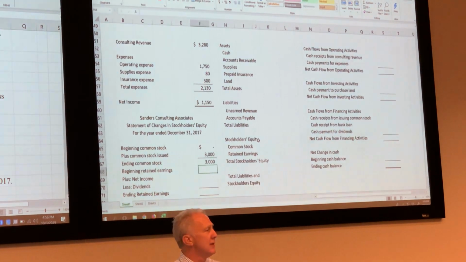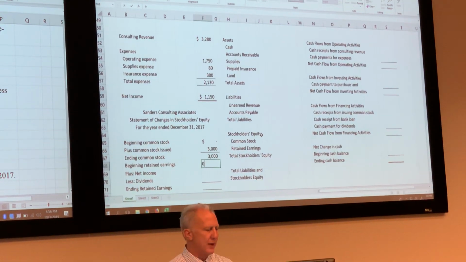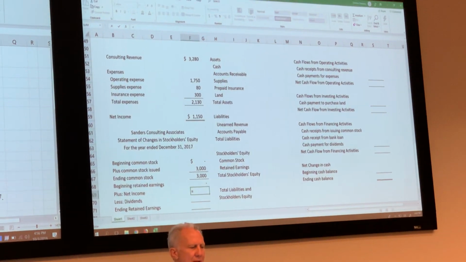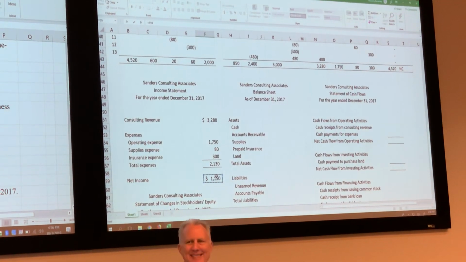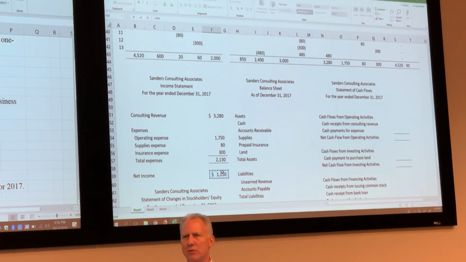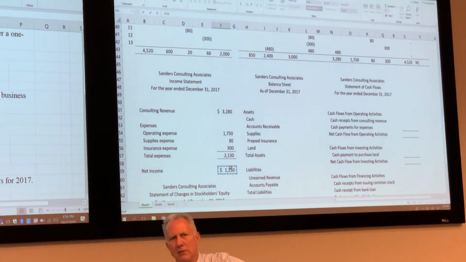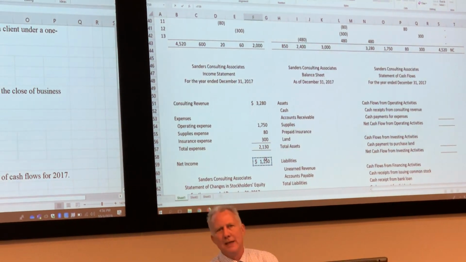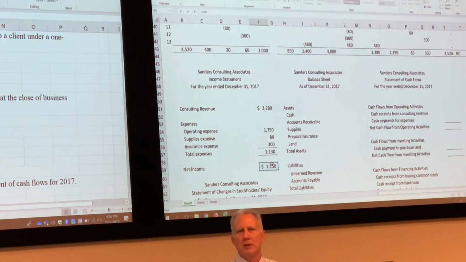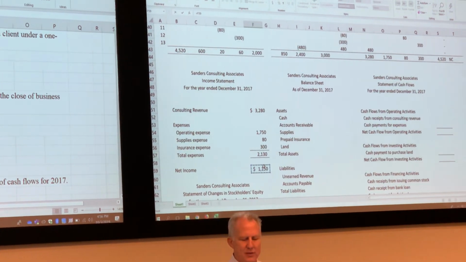Did we have any beginning retained earnings? No, it's a new company. Plus our net income. Net income comes from the income statement. That's the linkage in the financial statements we were talking about in class. Okay? We have to have that number to determine the ending equity, which we're going to need in order for the balance sheet to balance when we do the balance sheet. That's a linkage in the financials right there.